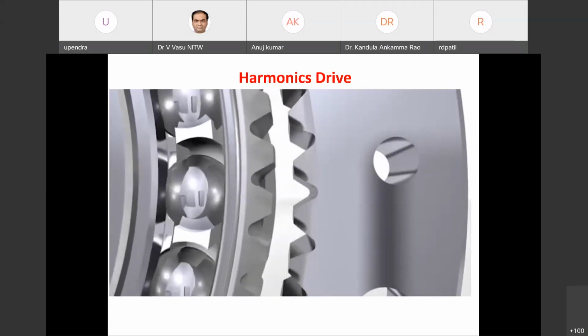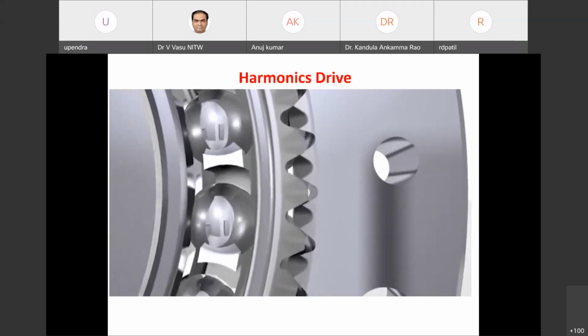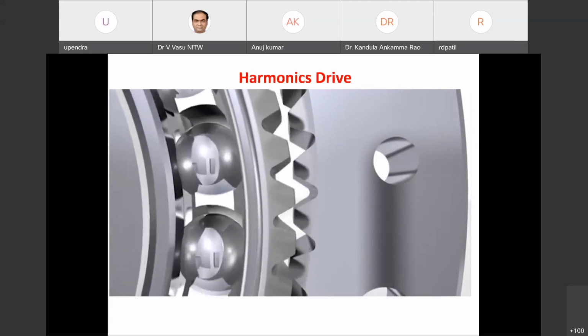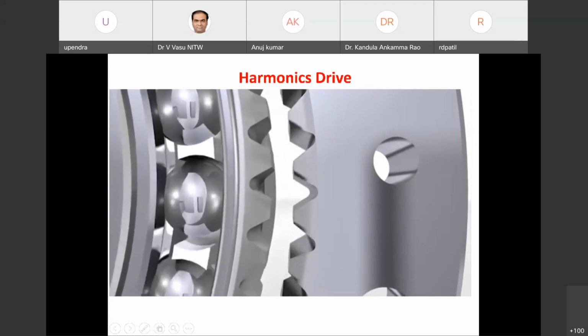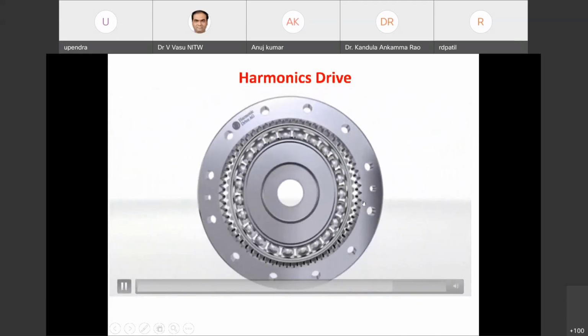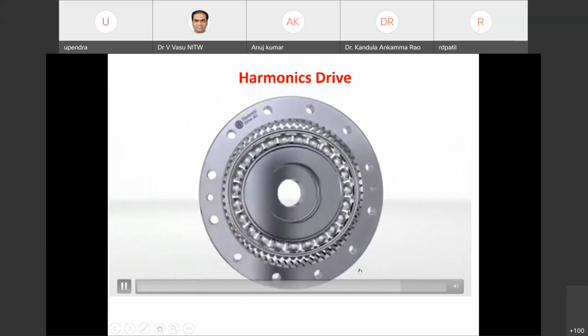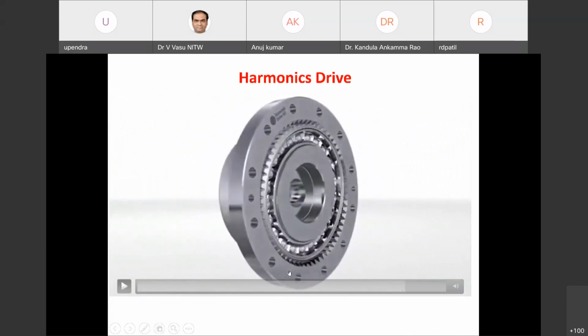Since the flex spline has 2 teeth less than the circular spline, rotating the wave generator leads to a relative movement between the flex spline and the circular spline. The backlash error can be eliminated because of the flex spline. Harmonic drive gears and servo actuators are used wherever zero backlash is needed.